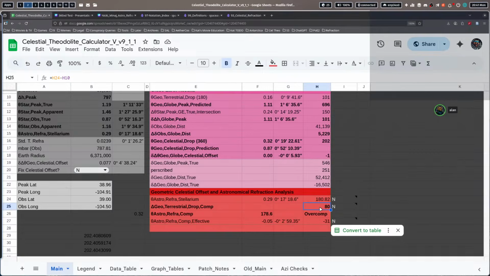They overcompensated by 80 meters of terrestrial drop over distance that they would claim exist. This is a 178% overcompensation for the drop over distance here. And the amount that they added or claim to exist there put them at 2 arc minutes over the peak at the time of occlusion.